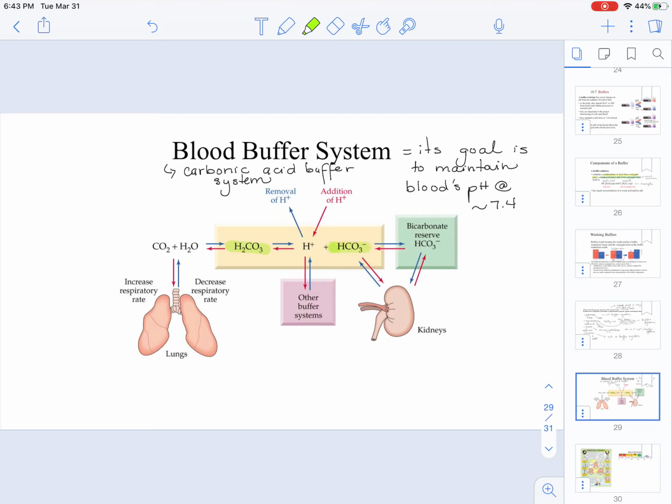As you can see in this graph, carbonic acid is going to dissociate into protons. The protons are the H plus, and HCO3, which is hydrogen carbonate. In other words, they also call hydrogen carbonate bicarbonate. This is carbonic acid.